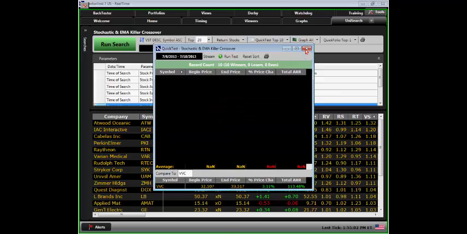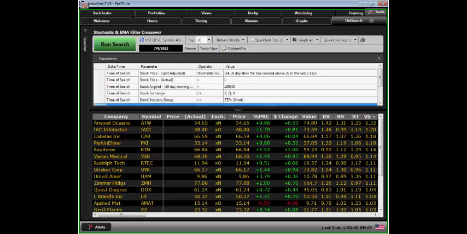Now, in addition to those alerts that I showed you a moment ago in the portfolio, let me show you one other thing. What if I told you VectorVest can actually scan the market all day for you and then send you alerts of possible trading opportunities based on either a MACD crossover or support and resistance?